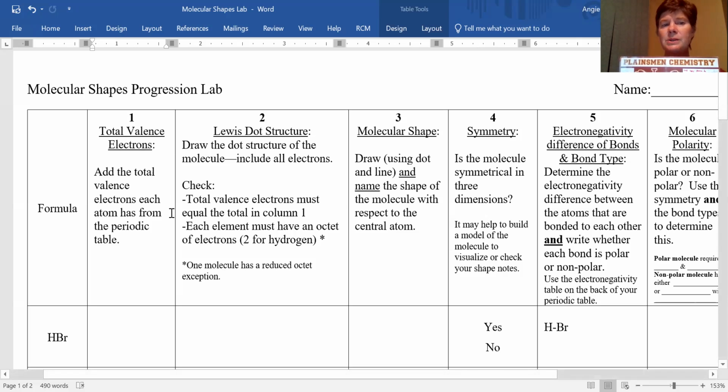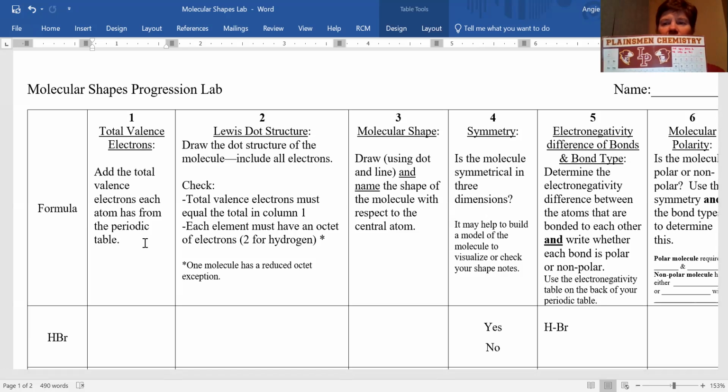It says that we need to add the total valence electrons each atom has from the periodic table. So using our periodic table, as a reminder, we look at the column that each of the individual atoms are in and add up the valence electrons for all the atoms that make up a particular compound.